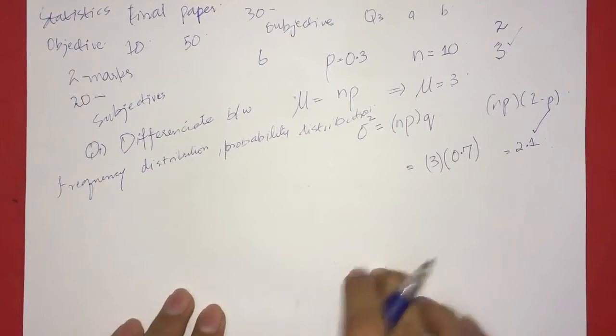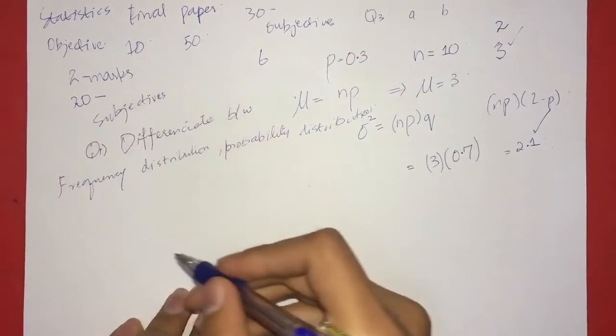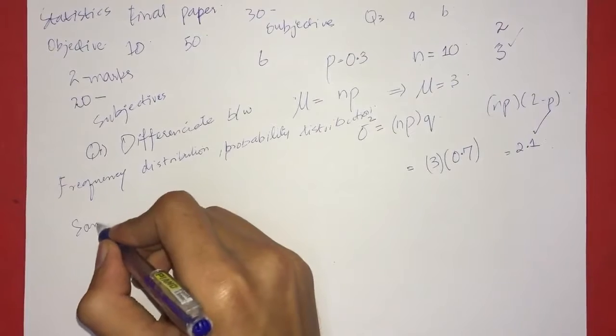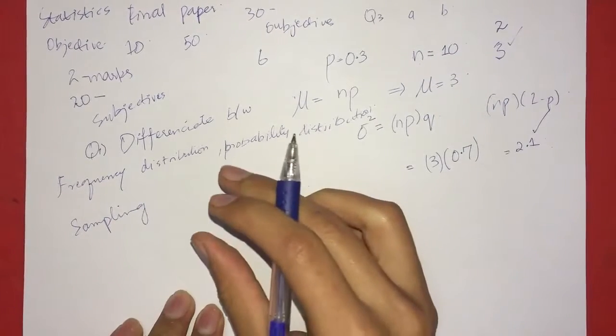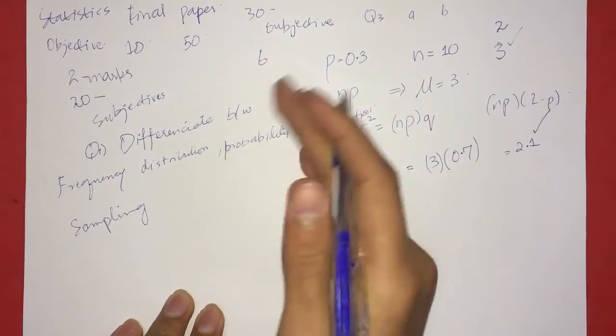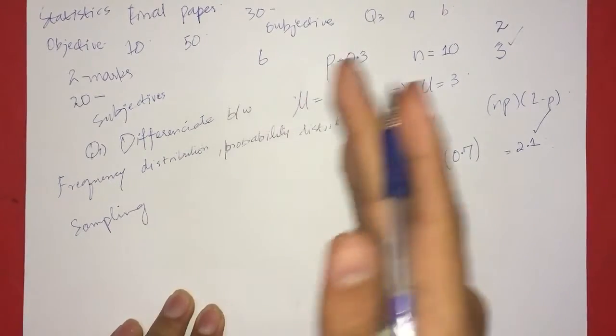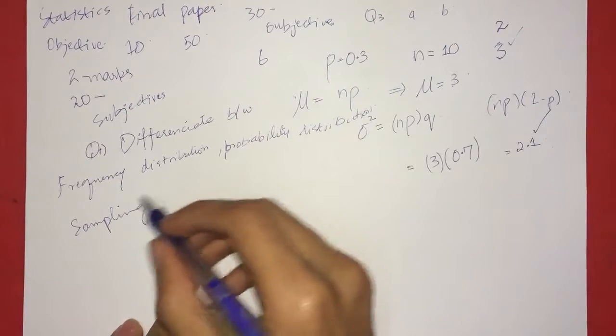A frequency distribution is related to your sampling distribution, in which the random variable or the statistical term is written on the left side and the corresponding probabilities are written on the right side.